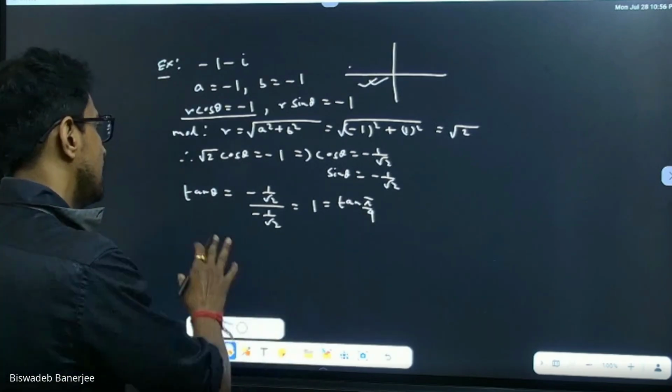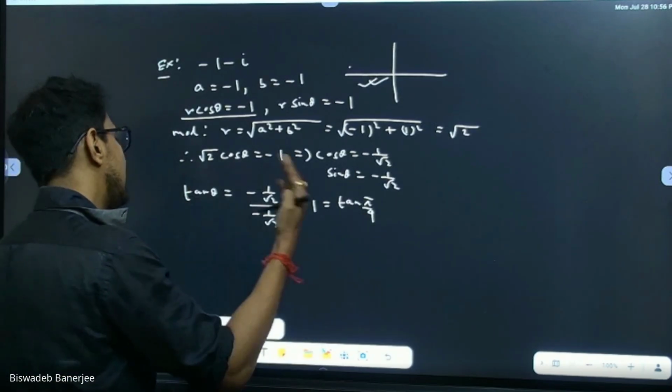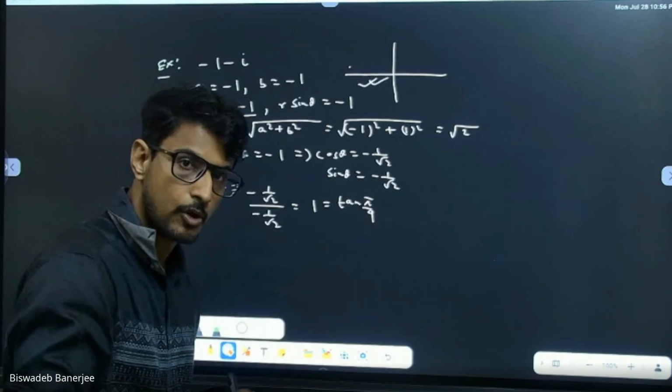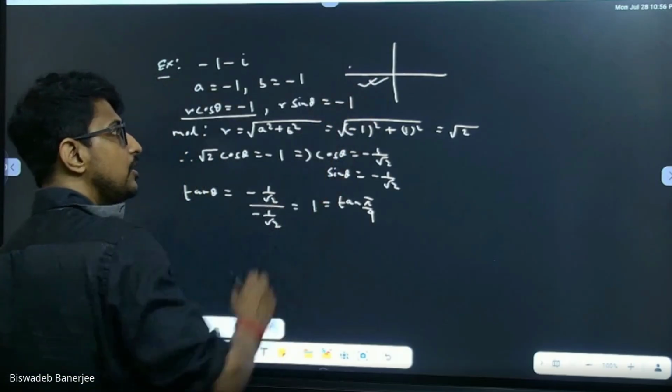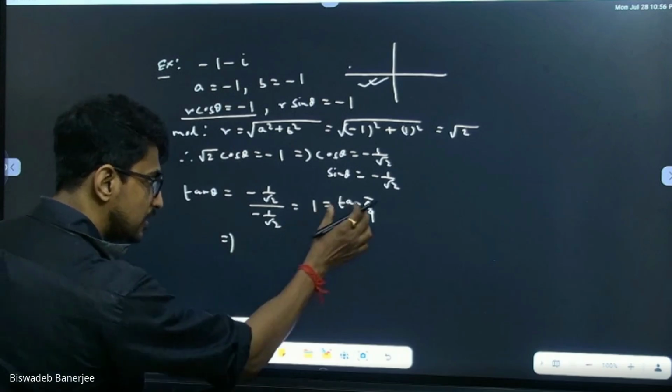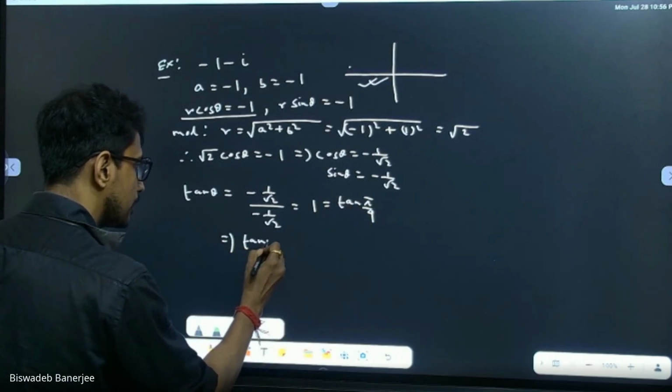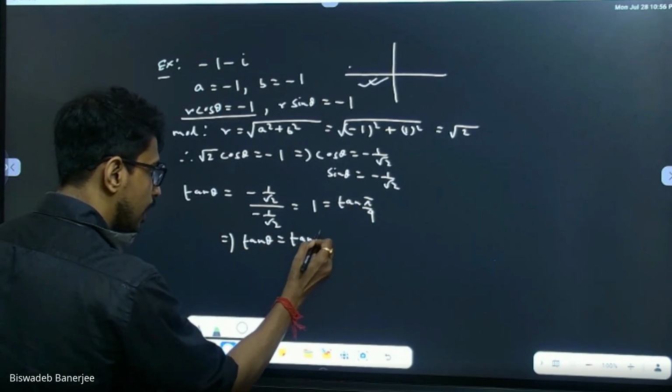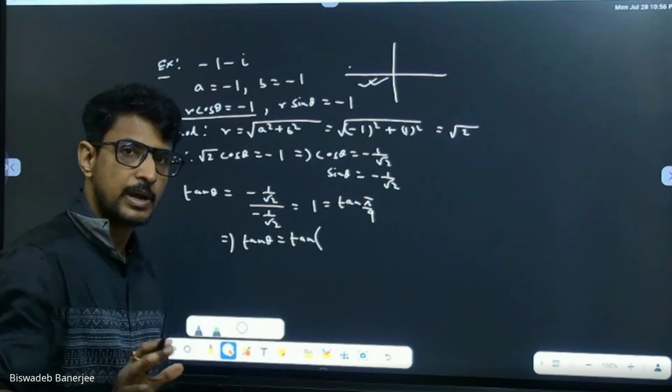But if we cancel tan and say theta equal to pi by 4, you are wrong, because see that my quadrant is the third quadrant. So in the third quadrant, how can we write tan pi by 4?